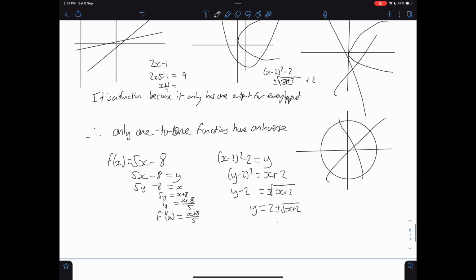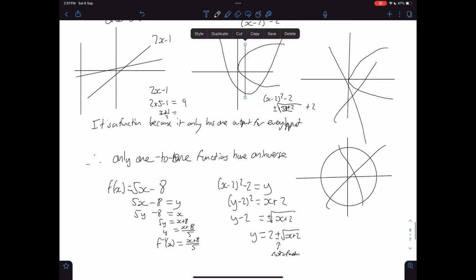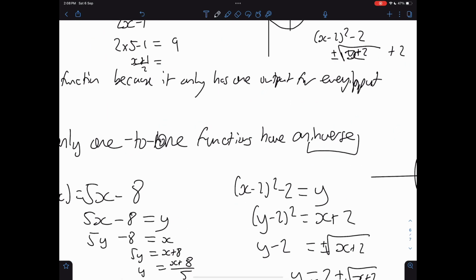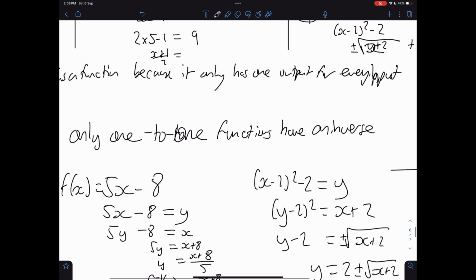And this is not a function because it fails the vertical line test, and it does not have only one output for every input. So also if it asks you why a function does not have an inverse, you'd say it's not one-to-one. That's an easy mark.